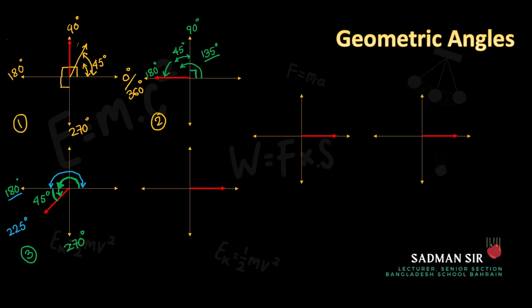Now, if this ray rotates further and aligns with this 270 degree line, then we will say that the angle has become 270. Let us see if we can go further.